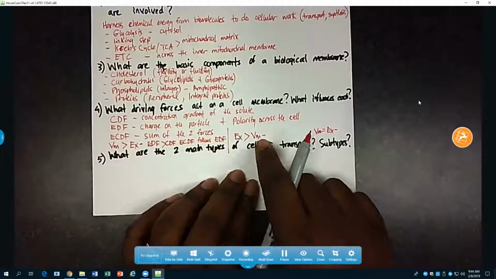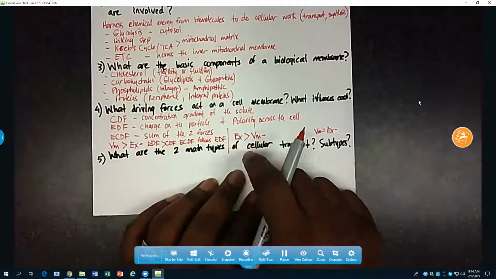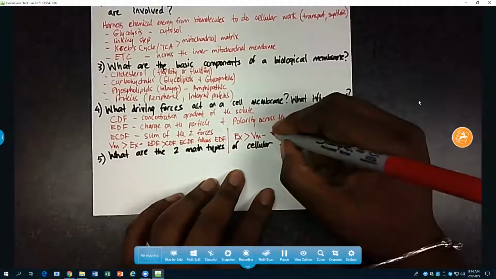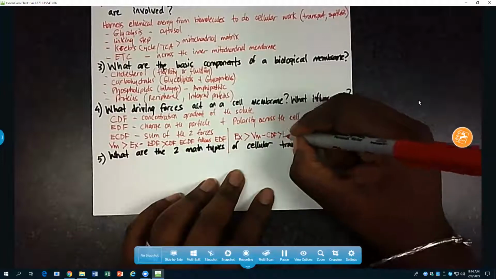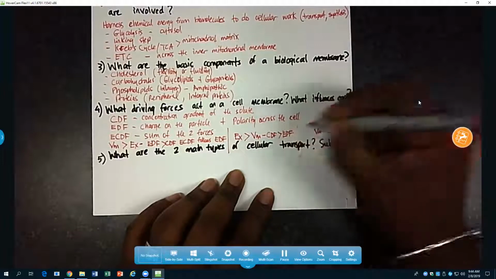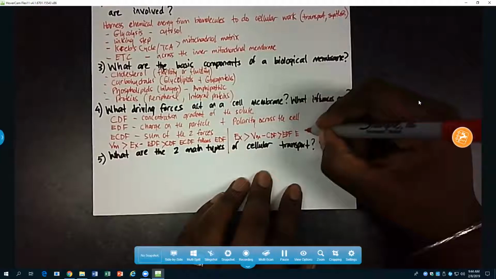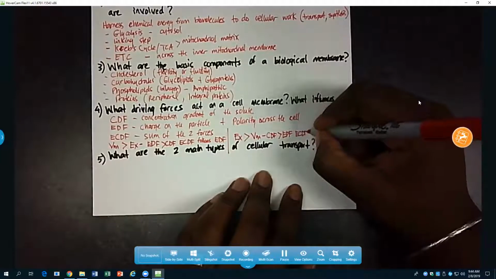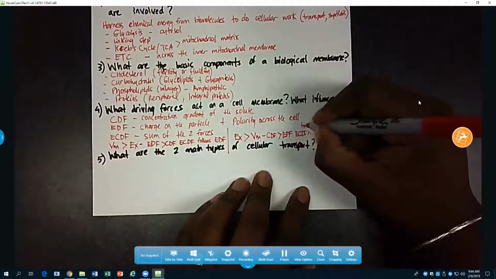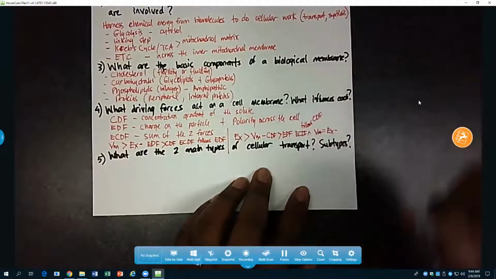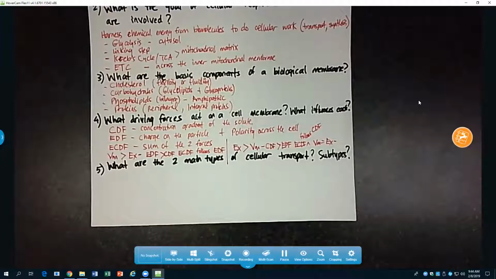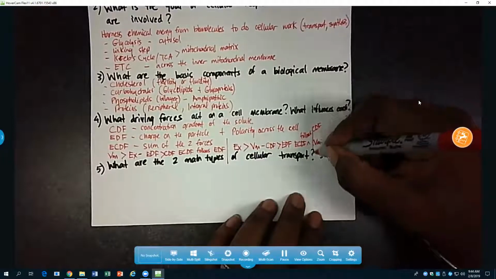Whereas the opposite was true if the equilibrium potential was greater than the membrane potential. In this scenario, the chemical driving force would exceed the electrical driving force, and the sum of both forces follows the chemical driving force. Okay, this is getting a bit crammed.